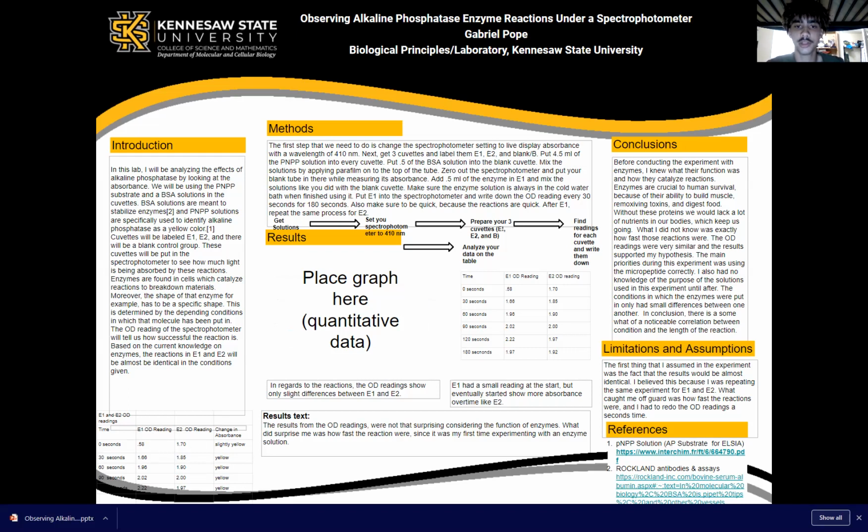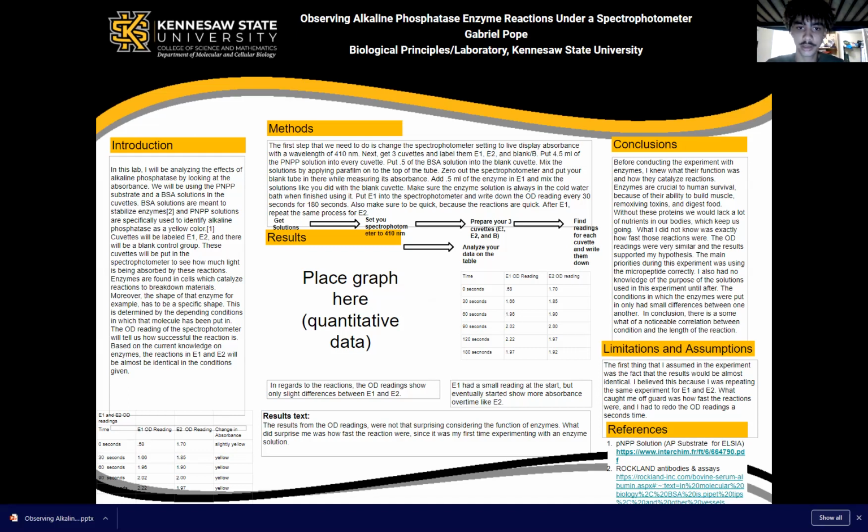Next, we get our 3 cuvettes and label them, like I said before, E1, E2, and our negative control group B. We put 4.5 milliliters of the PMPP solution into each cuvette, put 0.5 of the BSA solution into the B or blank cuvette, and mix the solutions with parafilm on top of the tube, applying it on top and shaking it.